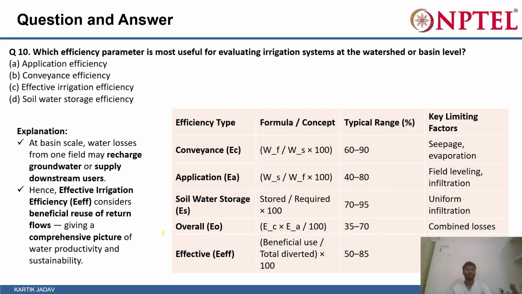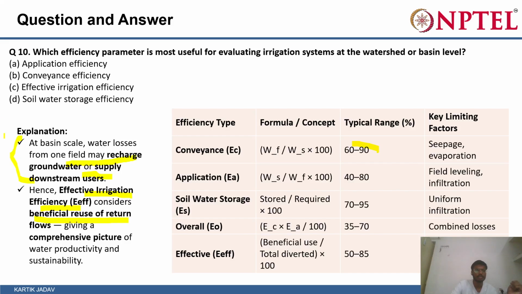Next question: which efficiency parameter is most useful for evaluating an irrigation system at watershed or basin level? We know that at basin scale, water losses from one field may recharge groundwater or supply downstream users. Hence, effective irrigation efficiency considers the beneficial reuse of return flows, giving a comprehensive picture of water productivity and sustainability.